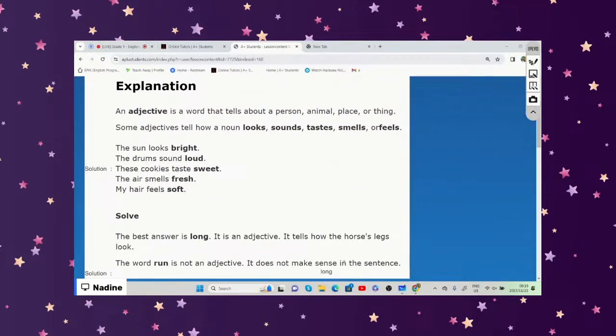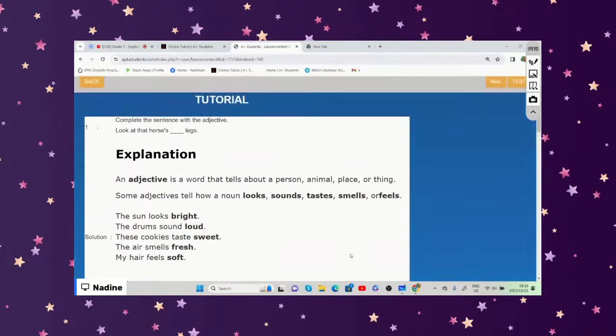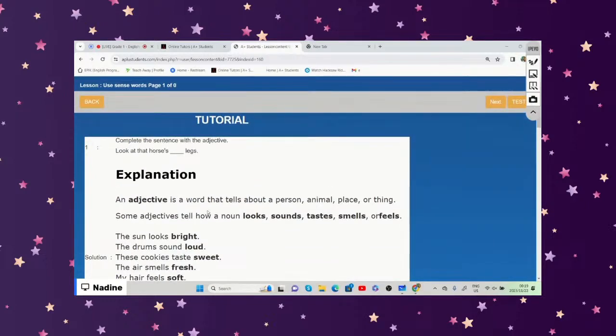All right. So for look at the horses, we can say long legs, which means that you can actually use any word to describe the legs of the horses.